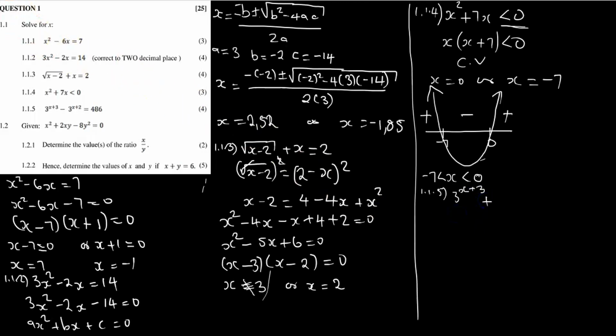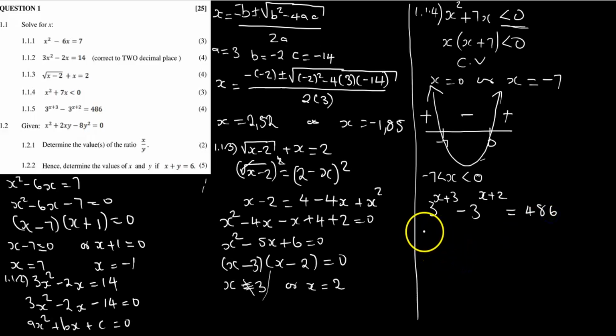So we've got 3 exponent x plus 3 minus 3 exponent x plus 2, and all this gives us 486.